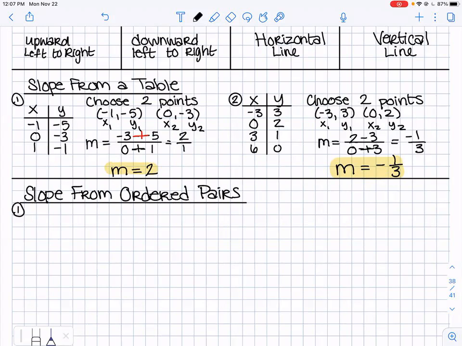Okay, this is even easier because they're going to give you 2 points. I'm just going to give you both examples. I want you to try to plug them in and solve.